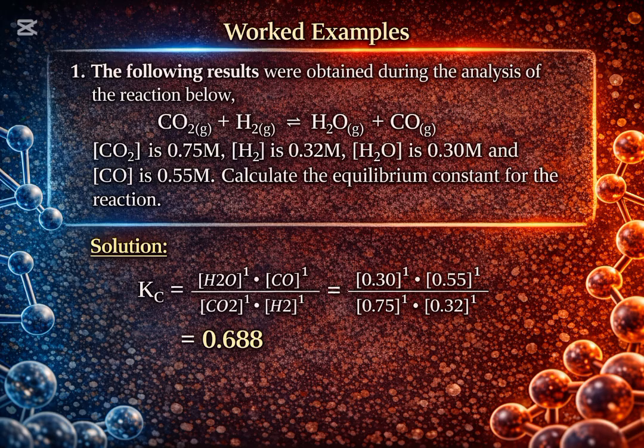So like we have seen, [H2O] raised to the power of 1 multiplied by [CO] raised to the power of 1, all over [CO2] raised to the power of 1 multiplied by [H2] raised to the power of 1. So the products will be up, the reactants will be down. Then we do a substitution of the various concentrations, and it gives 0.688.